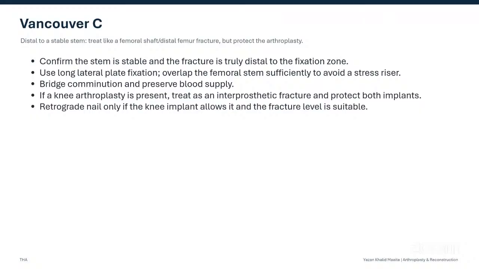Use a longer lateral plate, overlapping the femoral stem sufficiently to avoid a stress riser, bridge the comminution, and preserve blood supply. If a knee arthroplasty is present, treat as an interprosthetic fracture and protect both implants. Retrograde nail can only be used if the knee implant allows it and the fracture level is suitable for it.